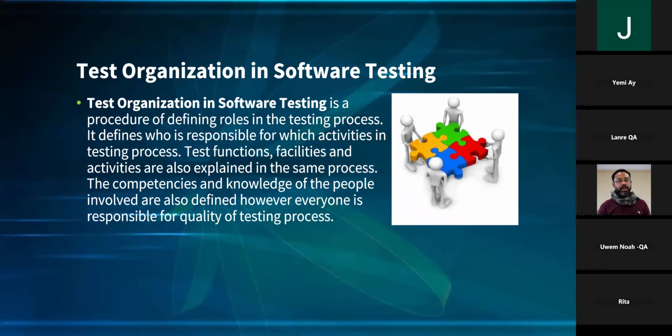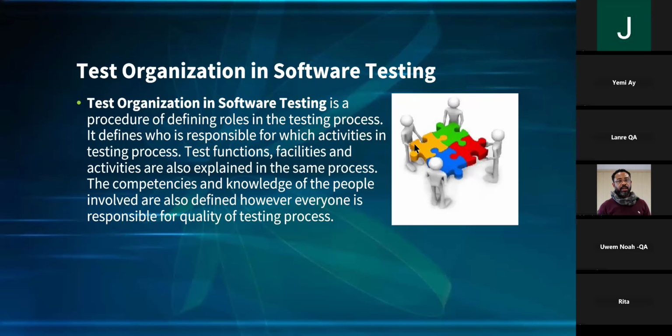our activities into action. So test organization in software testing is a process of defining roles in the test process. It defines who is responsible for what activities in the testing process. So color red is going to be the one to do the regression phase. Color green will start off everybody with the smoke test.